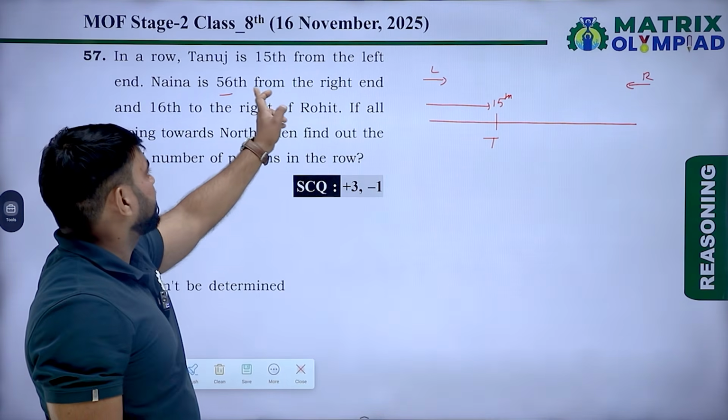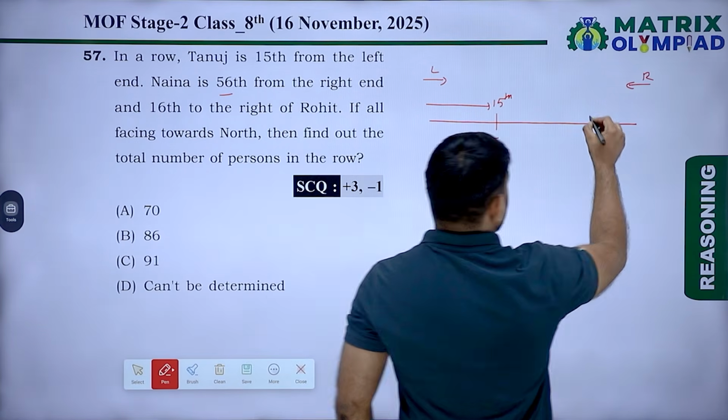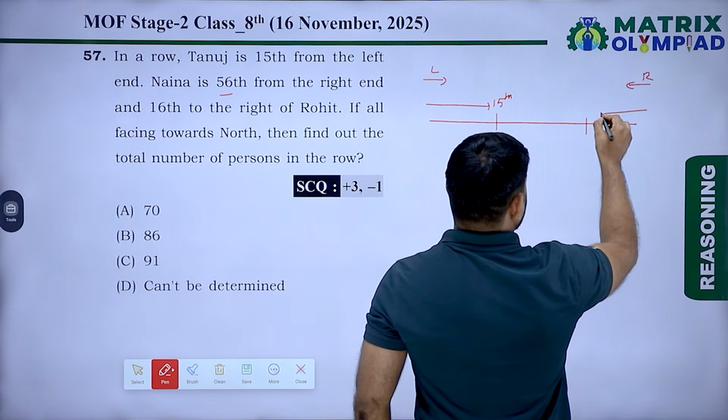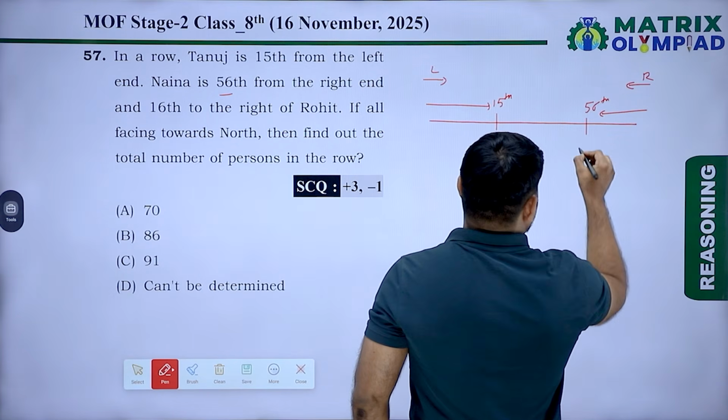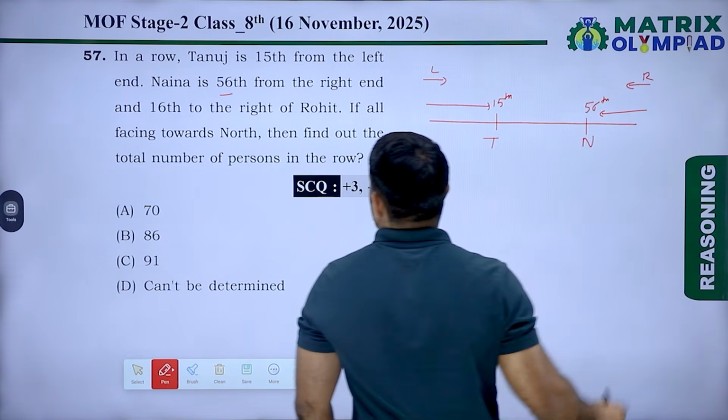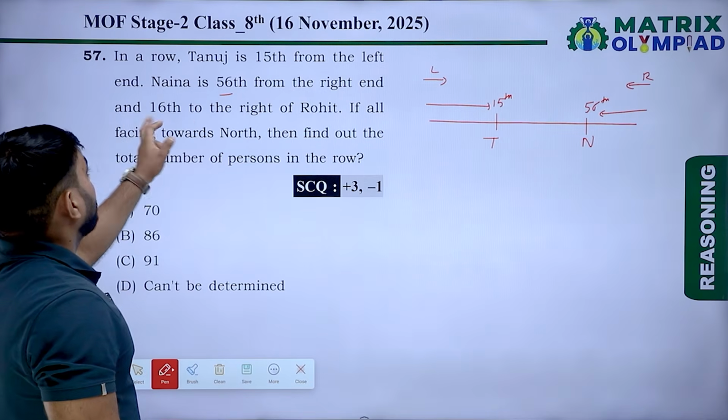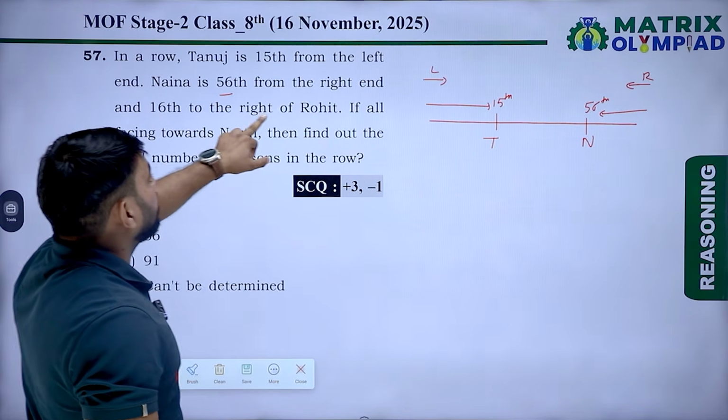Naina is 56th from the right. Position of Naina is 56th from the right end. Here is Naina. And Naina is 16 to the right of Rohit.